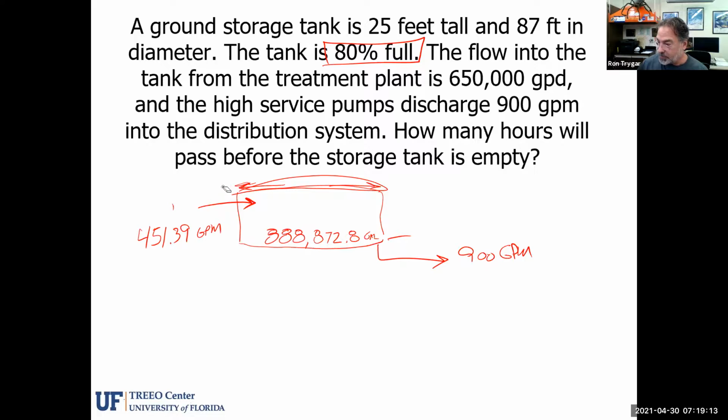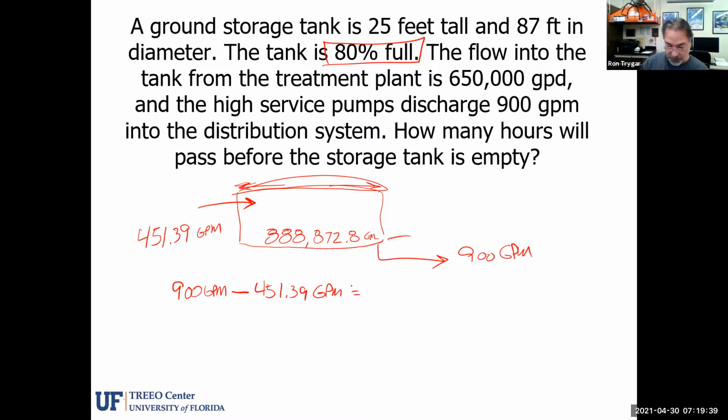Let's erase this 650 and get that out of the way. And let's go back to our math. Now we got to figure out the true withdrawal rate from the tank. So the true withdrawal rate is going to be 900 gallons per minute out minus 451.39 gallons per minute in.